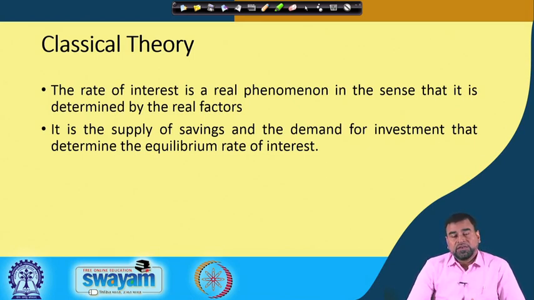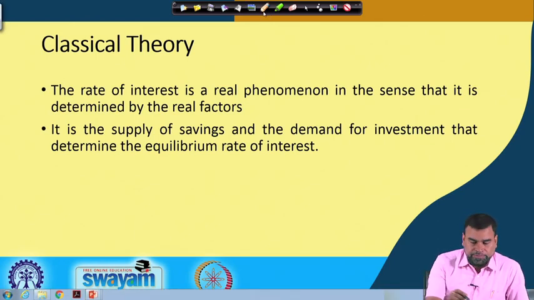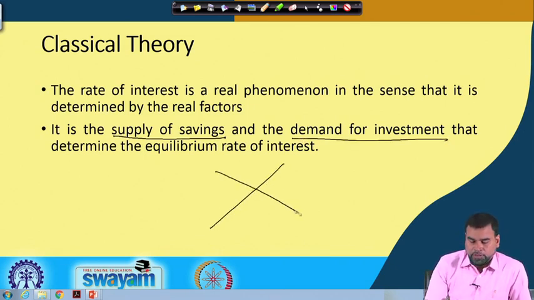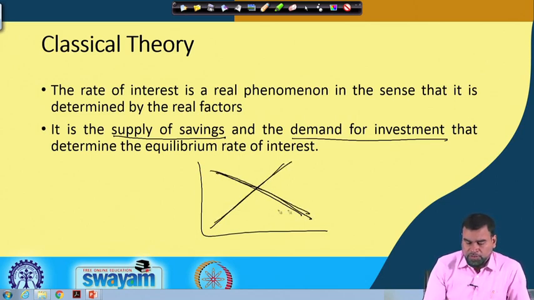It is the interaction of the supply of savings and the demand for investment that determines the equilibrium. This is your supply, this is your demand, and this is the equilibrium, which we always get. This is your R, and this is your quantity supplied and quantity demanded.